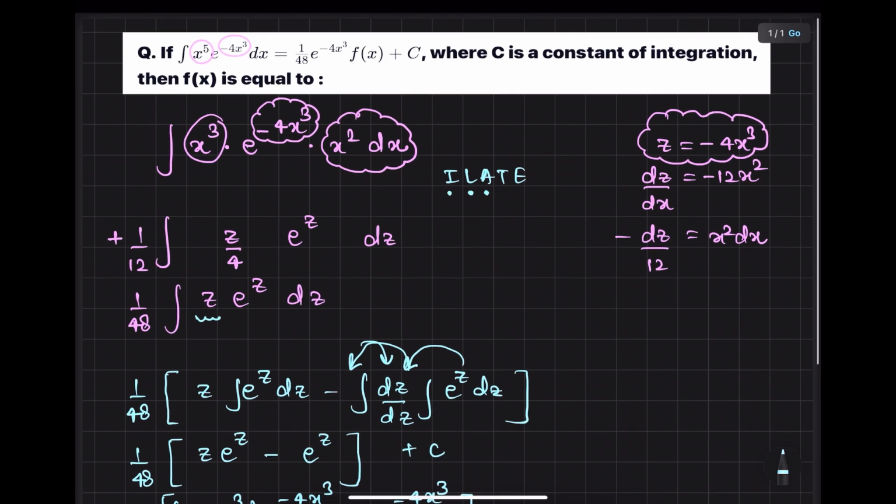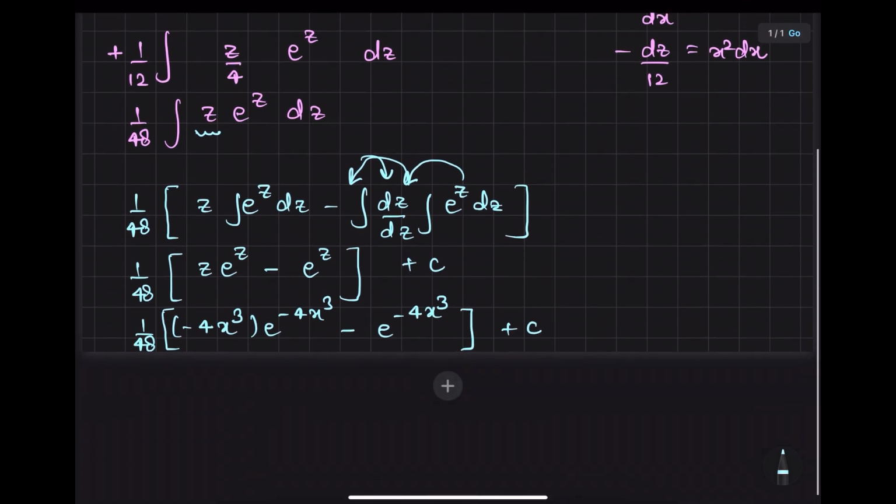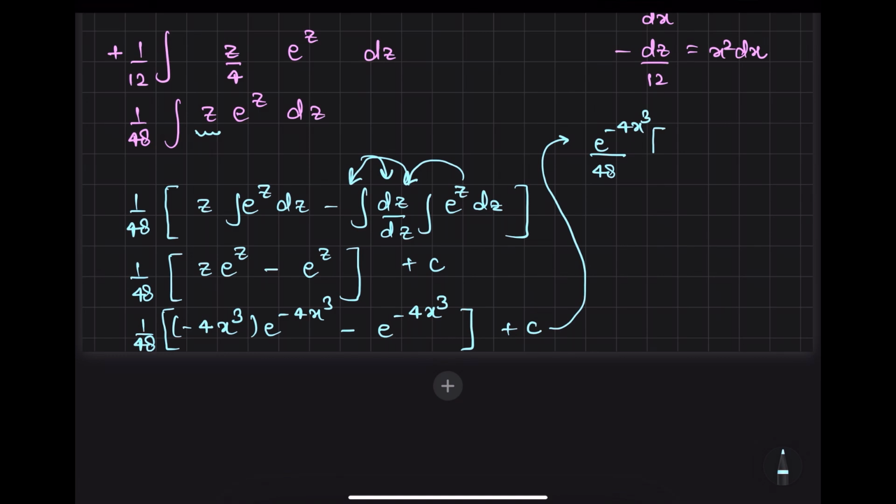Now look at this. You should have e power minus 4x cube and 48 together. So what I will do, I will take common e power minus 4x cube by 48. So e power minus 4x cube by 48 taken outside, and we will be left with minus 4x cube minus 1.